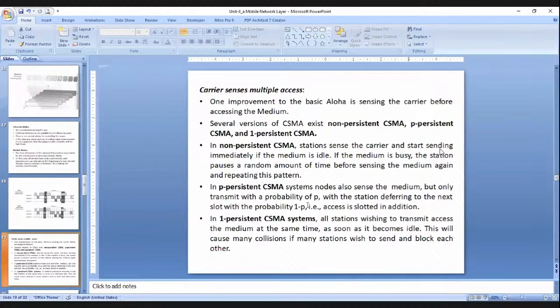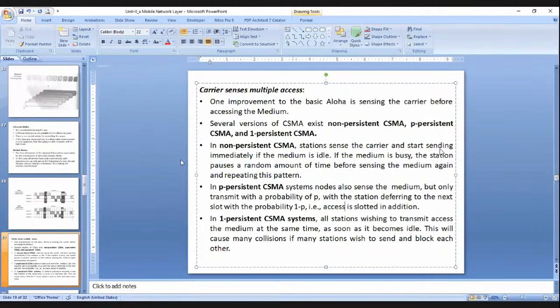Okay, so if you go for one-persistent, all stations wishing to transmit access the media at the same time as soon as it becomes idle. So to all the stations, it's a kind of broadcasting.